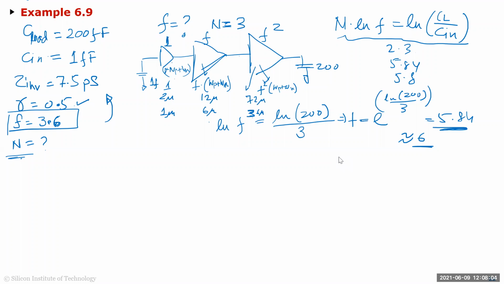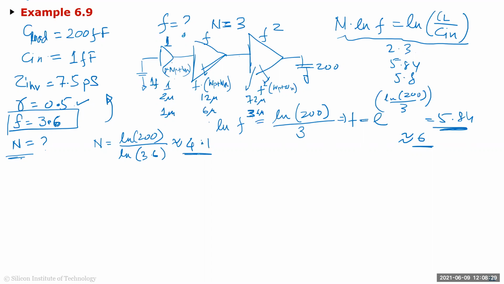Okay, 4.14, 4.12. Okay, good. So, pretty straightforward, right? Now the F is given to you, so you find out N. N is equal to ln of 200 over ln of 3.6, and that's roughly 4 point whatever, 4.1 or 4.18.